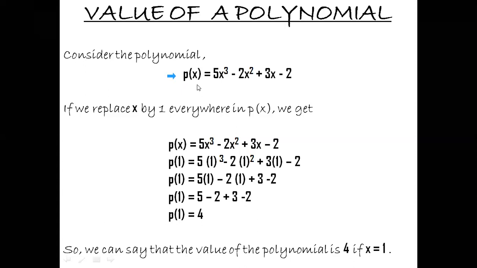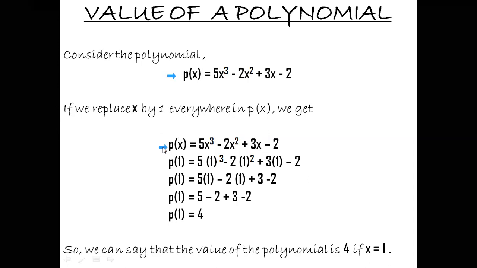Now, all that you have to do to find the value of this polynomial is replace the alphabet, that is the variable x, by any number. So let's replace here x by 1. So if we replace x by 1, everywhere in our p of x, we'll get the value of polynomial for x is equal to 1.